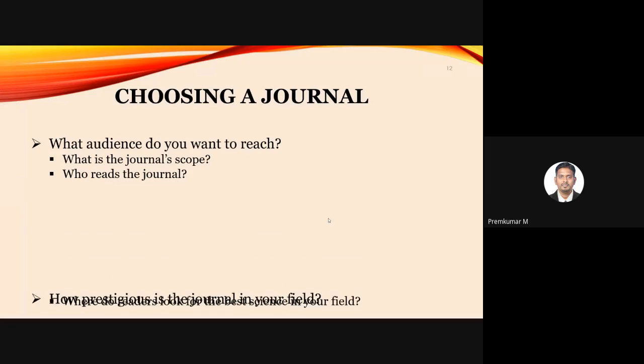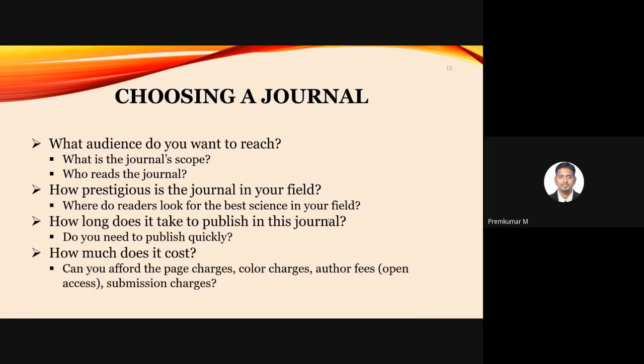Okay, and choosing the journal. When you choose the journal, you should ask yourself four questions. What audience do you want to reach? That means who is reading the journal, and what is the scope of the journal. The next question is, how prestigious is the journal?